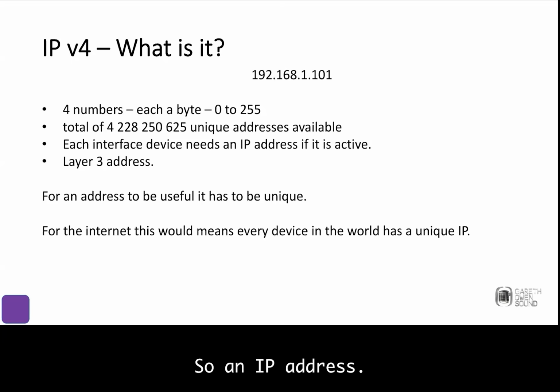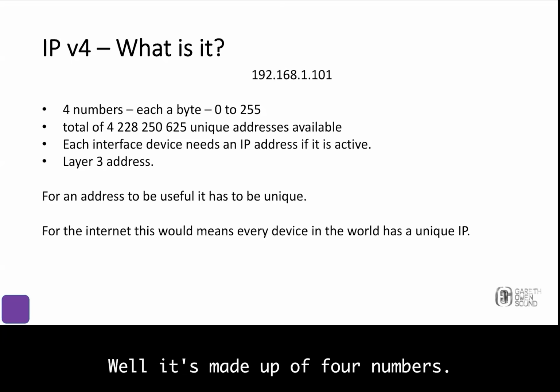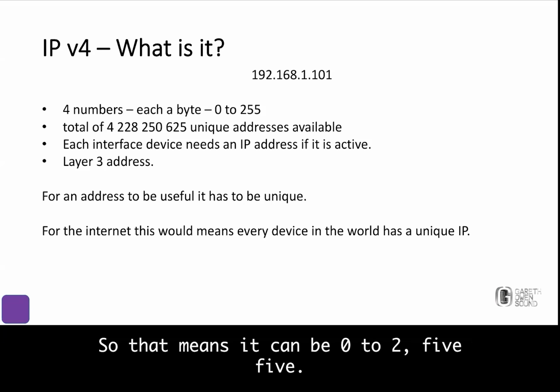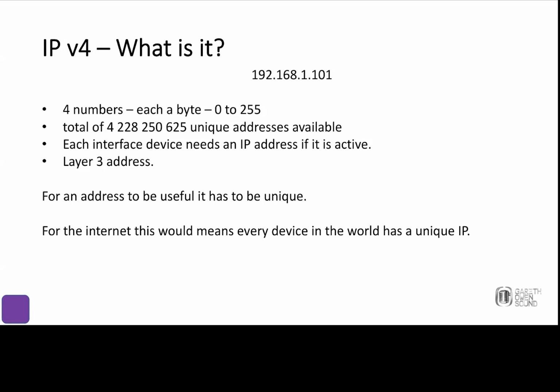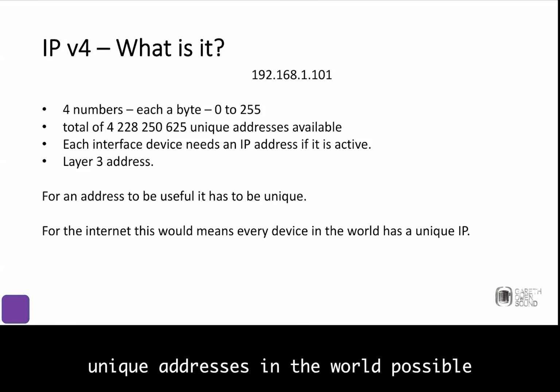So an IP address, what's it made up of? Well, it's made up of 4 numbers. Each number is 1 byte. So that means it can be 0 to 255. That gives us 4,228,250,625 unique addresses in the world possible.